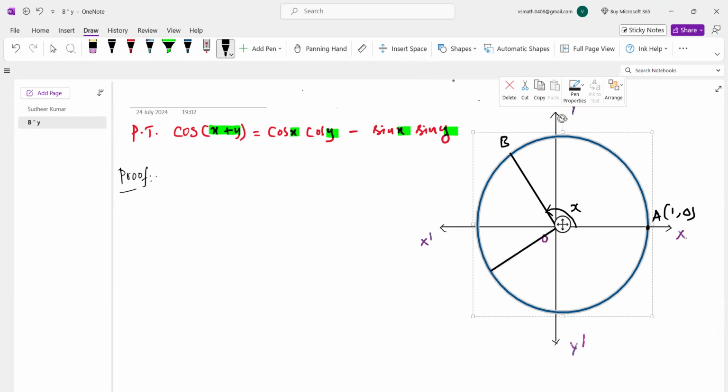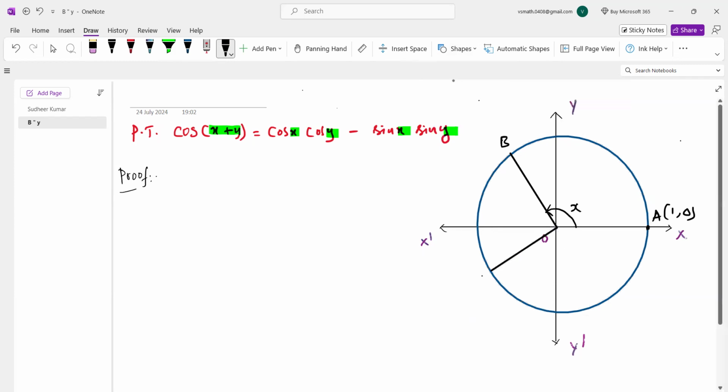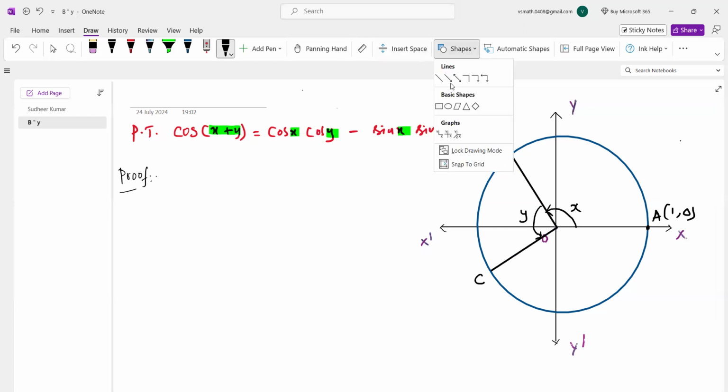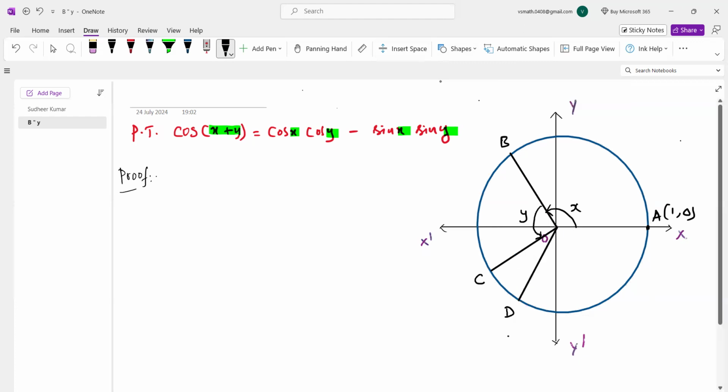Let's take it as C, and it makes angle Y. We also draw another line from O. Let us take this as D, which makes angle minus Y.